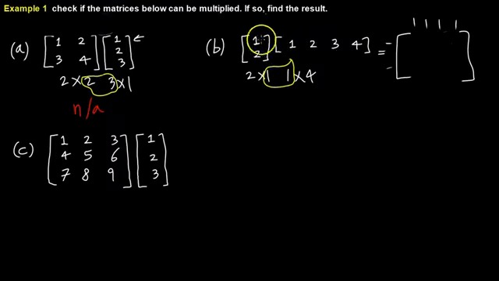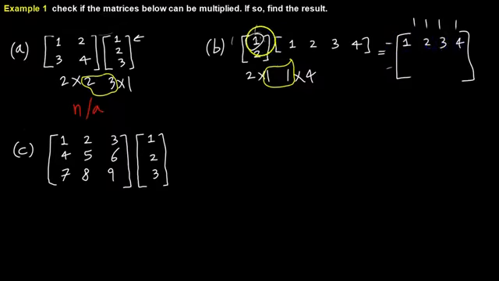Given this dimension, for each row, I would multiply the first entry here, the 1, through the row and write the results down. So I have 1 times 1, that's a 1, 1 times 2 is a 2, and so on and so forth.